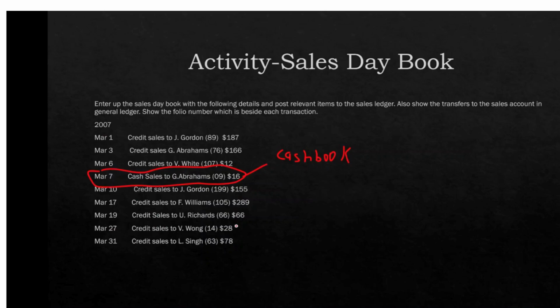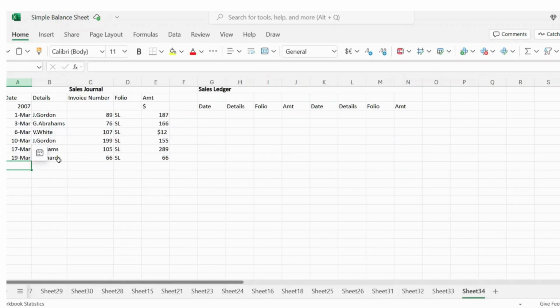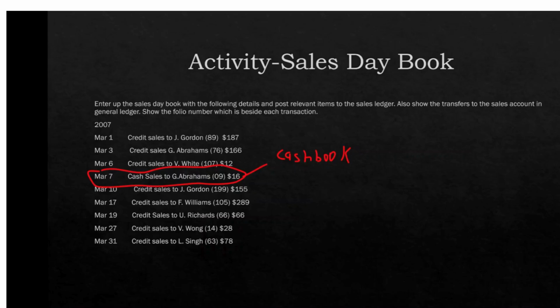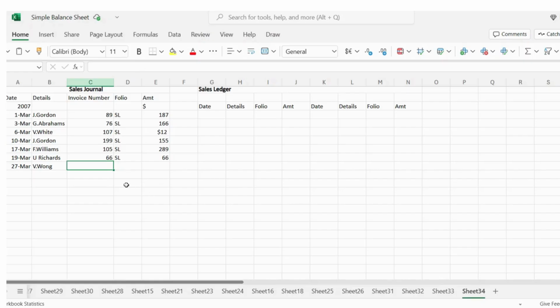27th of March, credit sales to V. Wong, 14 and $28. So it's going to be March 27, V. Wong, 14 and $28.